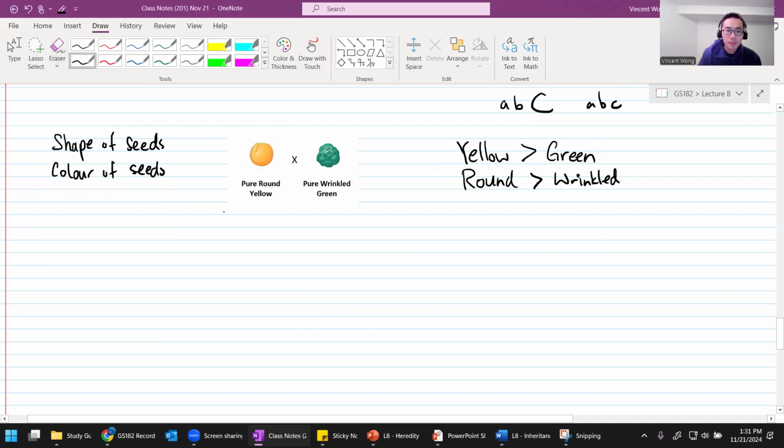So they're pure, which means pure round and yellow would be big R, big R, big Y, big Y. Pure wrinkled green would be little r, little r, little y, little y. Sorry, I wrote them in the wrong order. I should write the round first and then yellow, and then wrinkled and green.